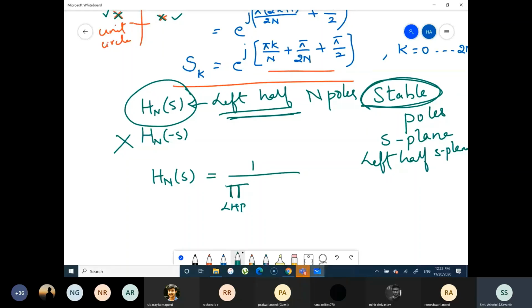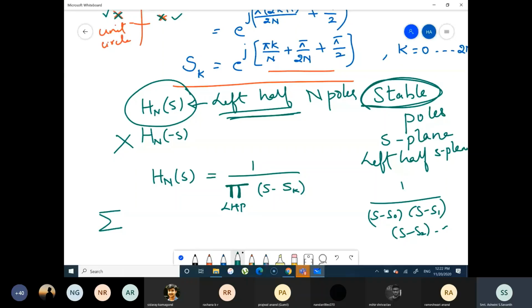What is this notation? Product. Like we write this for summation, this is for the product of the terms. So it is the product of all the poles, S minus Sk. That is how you denote the poles, right? 1 over S minus S naught into S minus S1, into S minus S2 and so on.